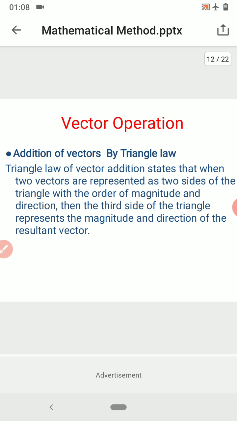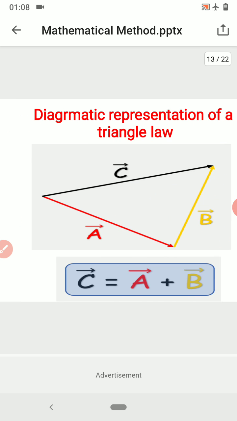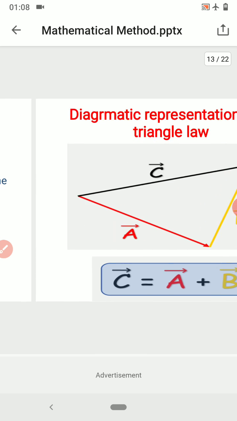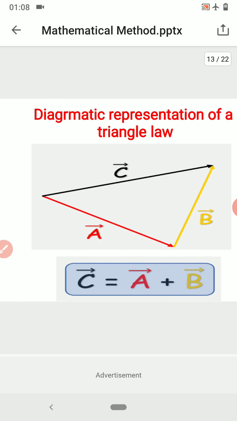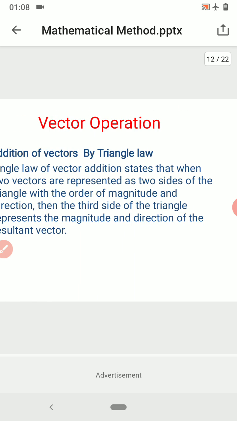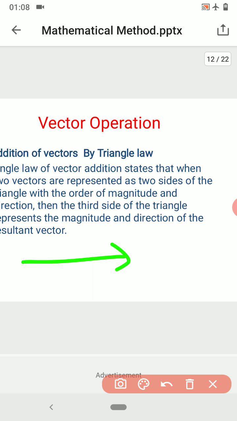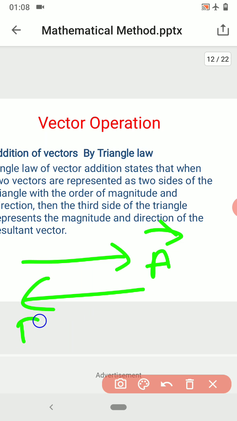However, if the individual vectors are opposite or anti-parallel. Anti-parallel means the direction: if one vector, say vector A, has this direction, then the other vector B has the opposite direction, so the heads of both vectors are opposite to each other, then those vectors are called anti-parallel.